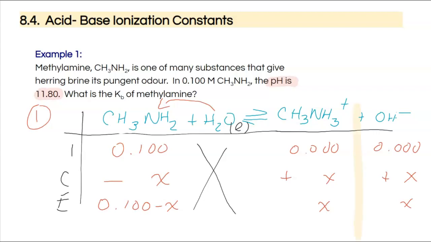So that's really where I want to start, is how can I use that pH to fill in some information about my hydroxide ion concentration. So a very common mistake that I see is students think that they can calculate the hydroxide ion concentration directly from pH. And you can't do that.